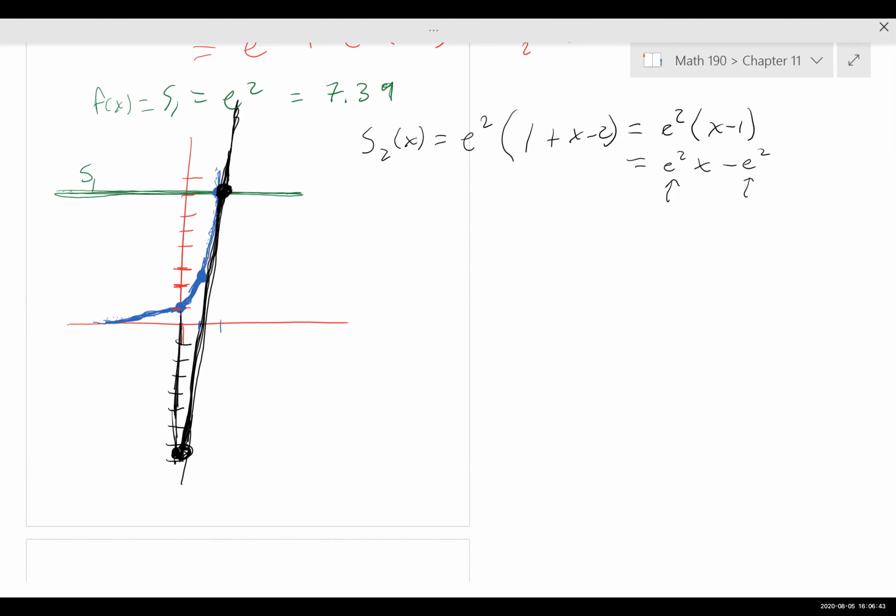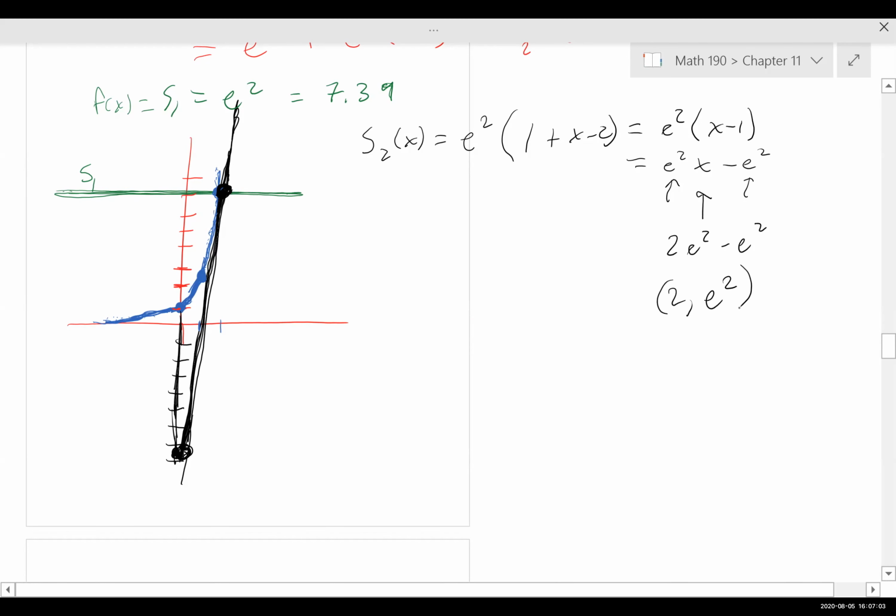I think that's how that works. Because what happens when x is equal to 2? We would get 2 e squareds minus an e squared, which is just an e squared. So 2 comma e squared is a point on my line. Very good.